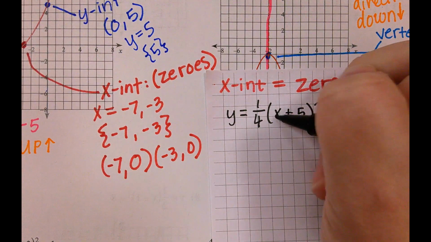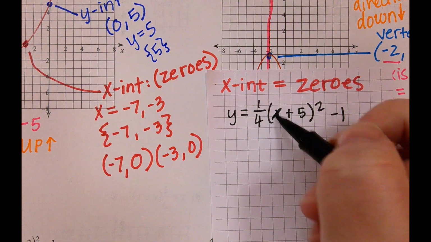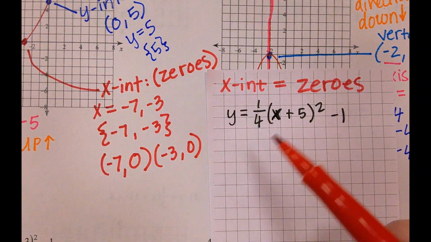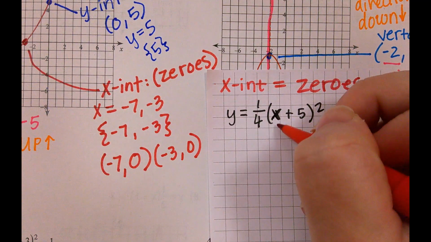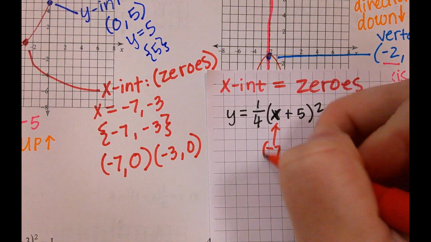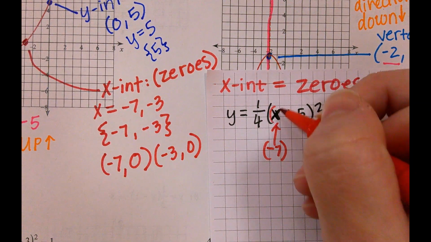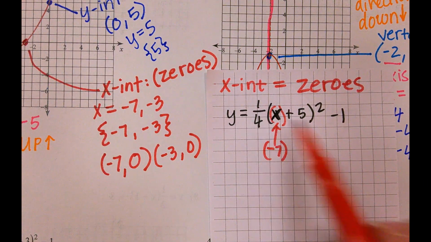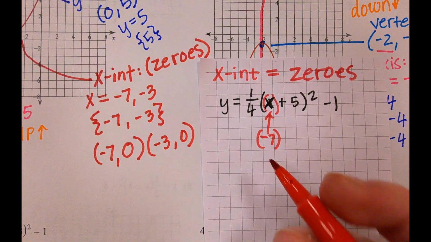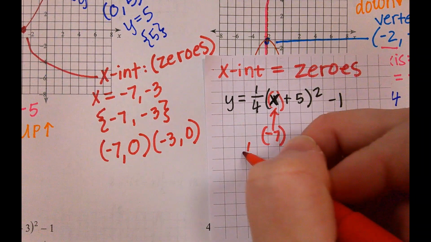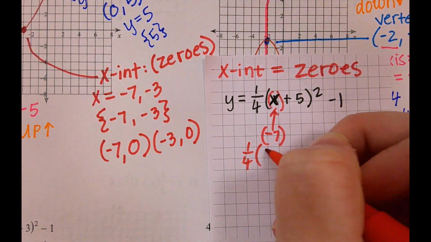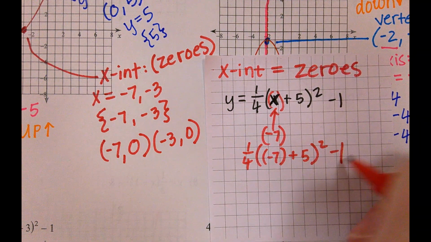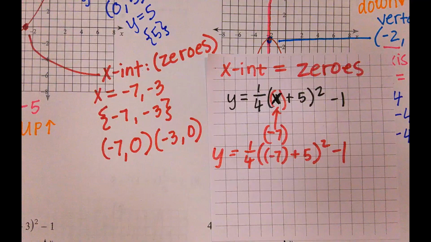Okay. So we said that the zeros of this equation are -7 and -3. That means if I put, for example, -7 and replace it with my x, when I plug in this -7, my answer is going to equal 0. So watch this. 1/4 times (-7 plus 5) squared minus 1 equals y.